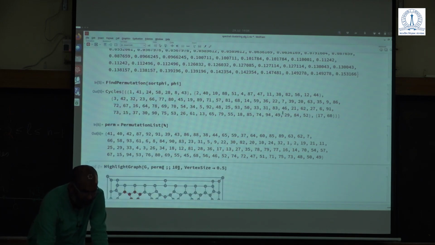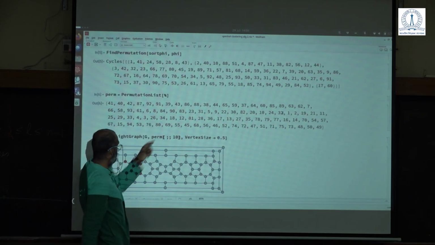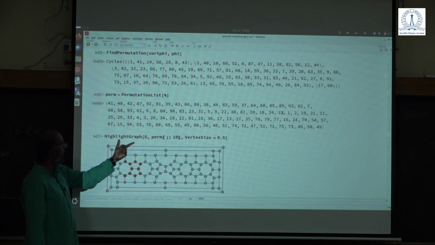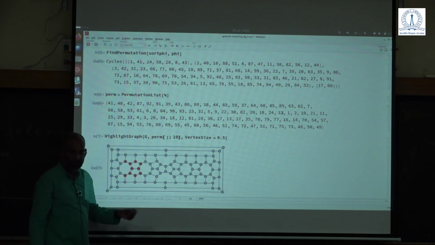So for instance, just to give you an idea, I'm looking at the first 10 vertices in this permutation. This highlight graph is really a useful tool. That just shows you where in the graph these vertices live.